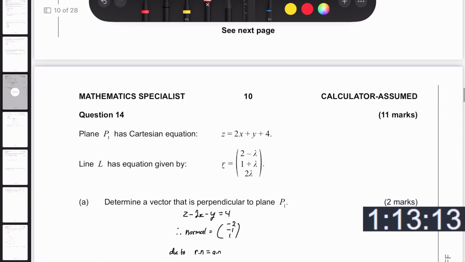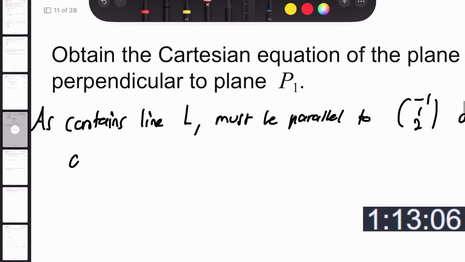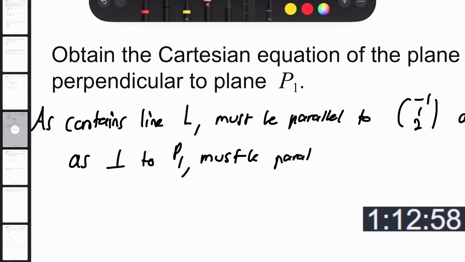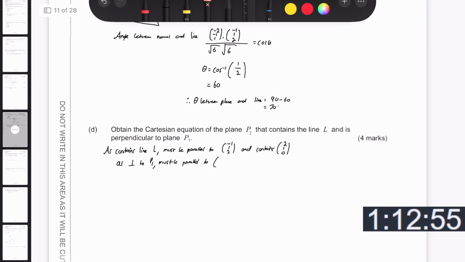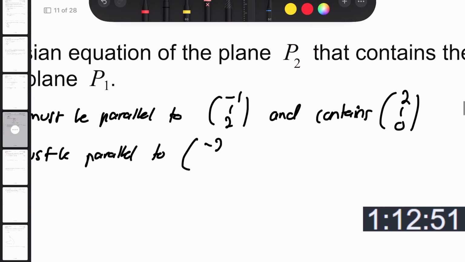Contains 2, 1, 0. And as it's perpendicular to plane 1, it must be parallel to the normal, which is -2, -1, 1.